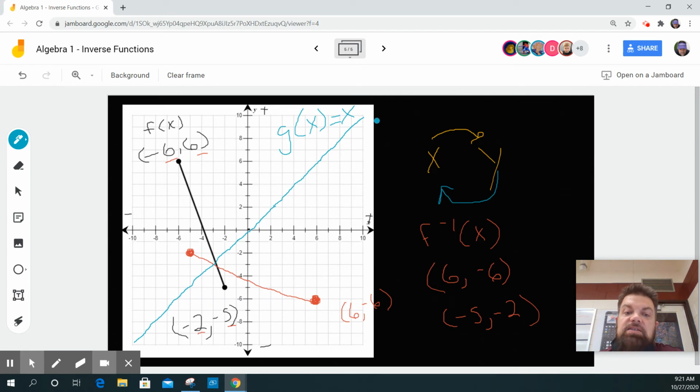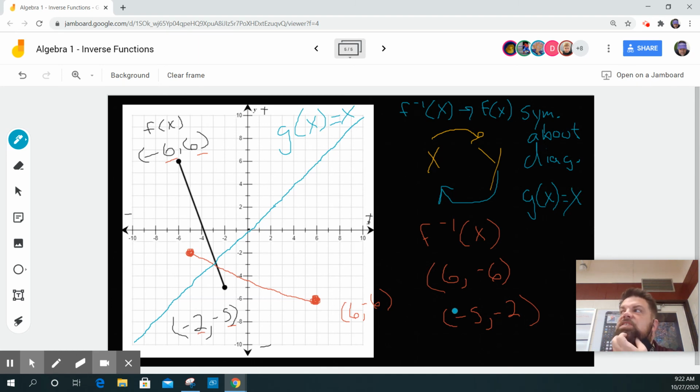So what I'm saying is that f inverse and f of x are symmetrical about the diagonal g of x equals x. Every single time that I graph a function and I graph its inverse, it'll be symmetrical.